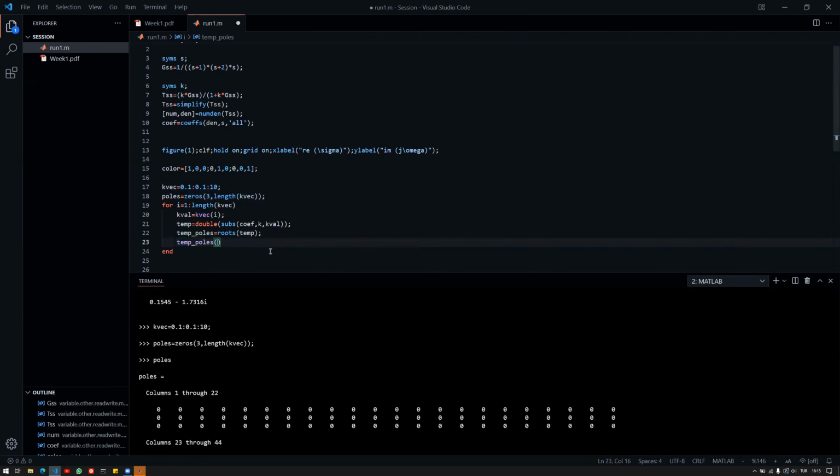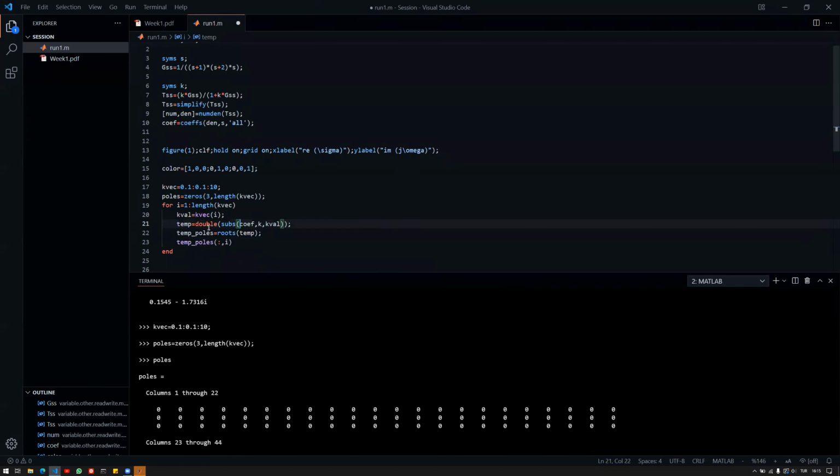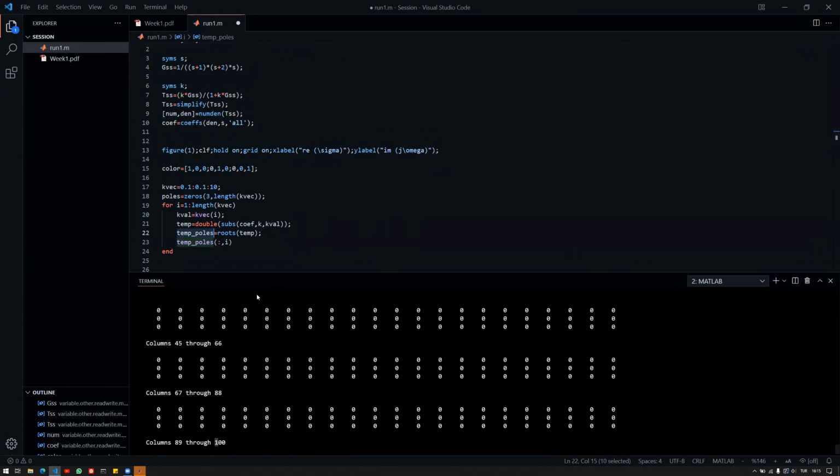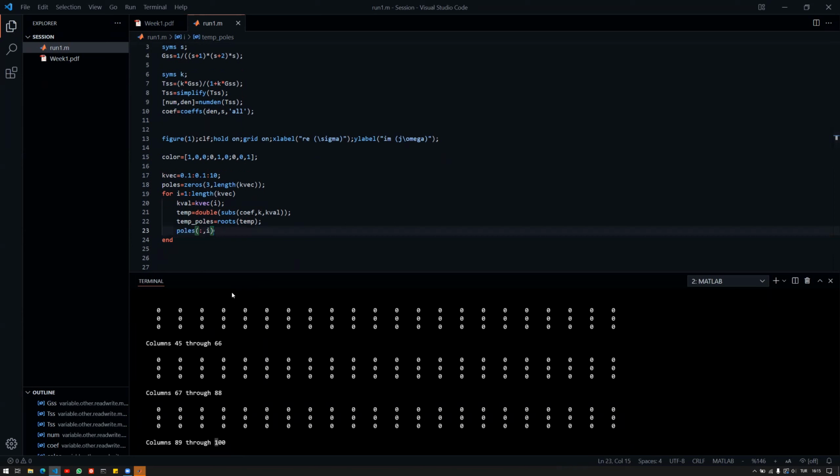Now I need to access all the rows, but the ith column in this case, because I have already a 3-row, 1-column structure here, and this is not temp poles, this is poles. So all the rows, but the ith column should be equal to this. So I have a vector, and I'm deciding that my closed loop system is a third order one.